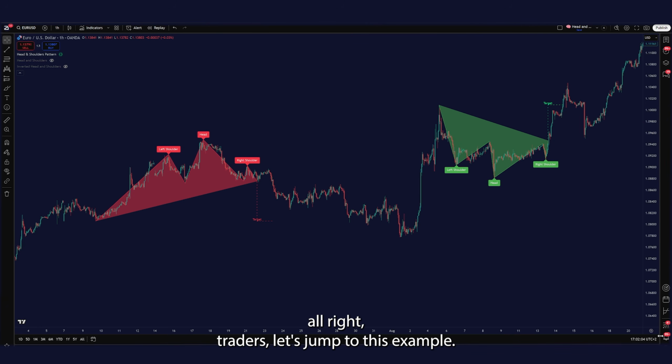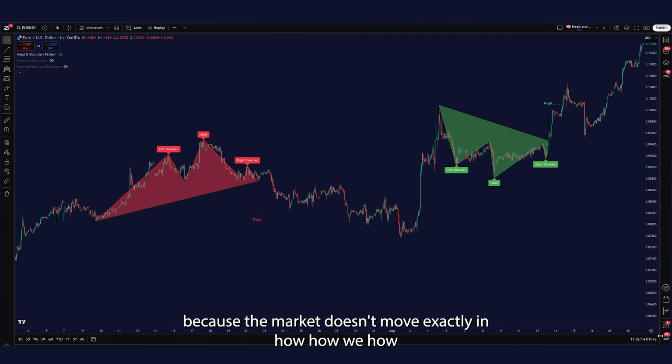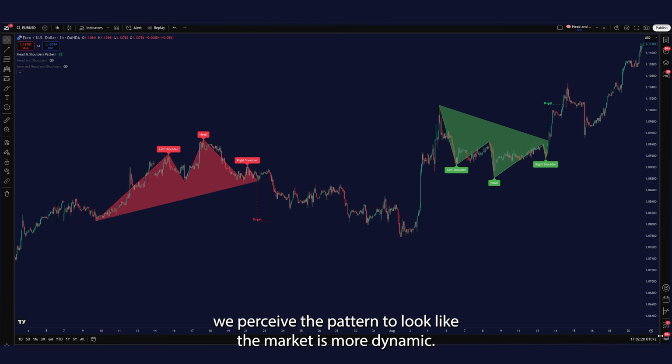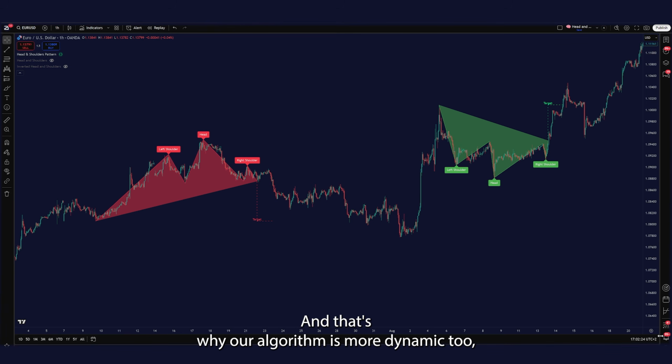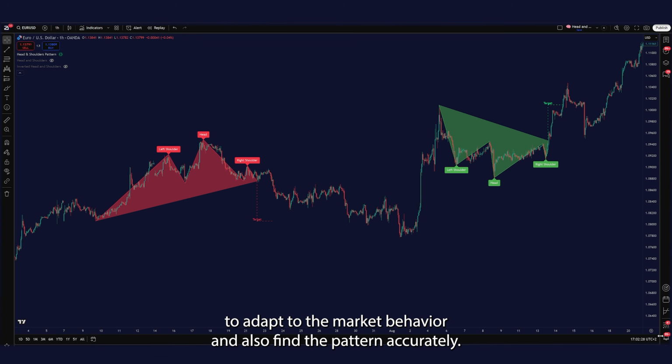All right, traders, let's jump to this example. And as I said before, our pattern recognition is much more flexible because the market doesn't move exactly how we perceive the pattern to look. The market is more dynamic, and that's why our algorithm is more dynamic too, to adapt to the market behavior and also find the pattern accurately.